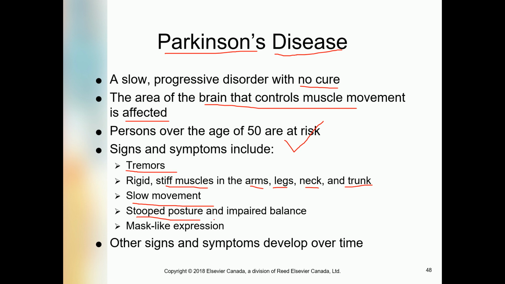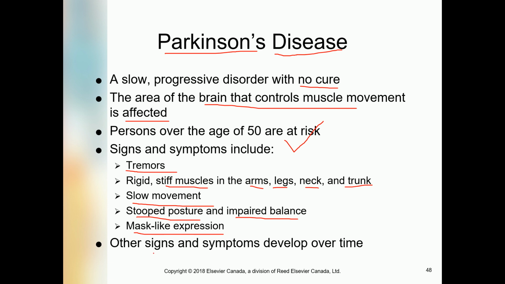You can see in the picture in the textbook, impaired balance. See, the balance is impaired. People cannot stand properly. Mask-like expression. People have a change in the expression. They feel like a mask.